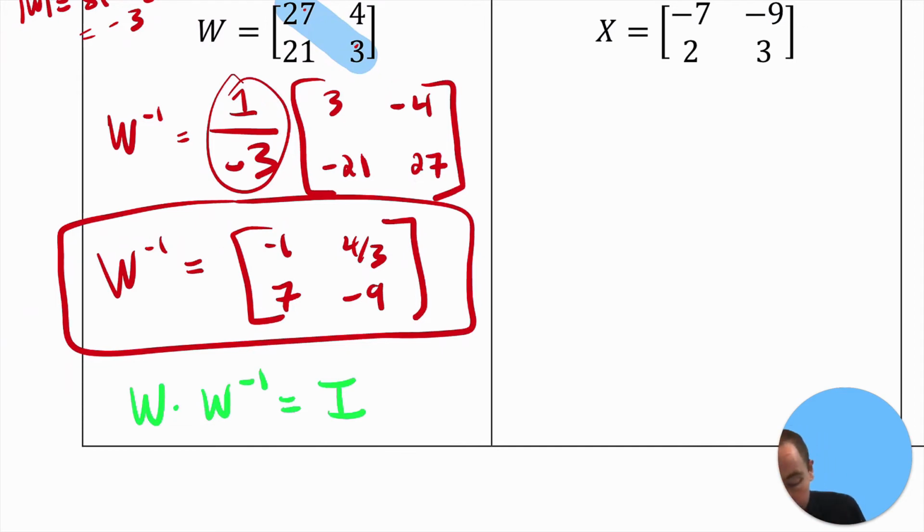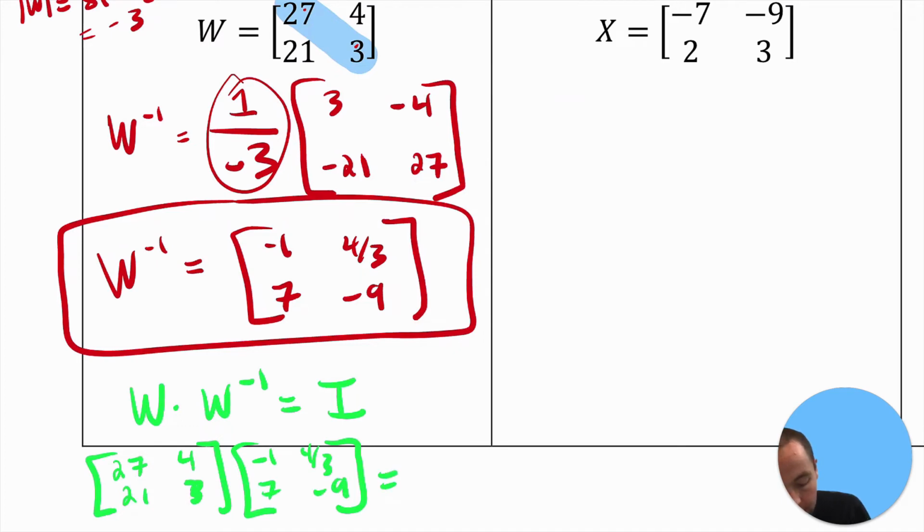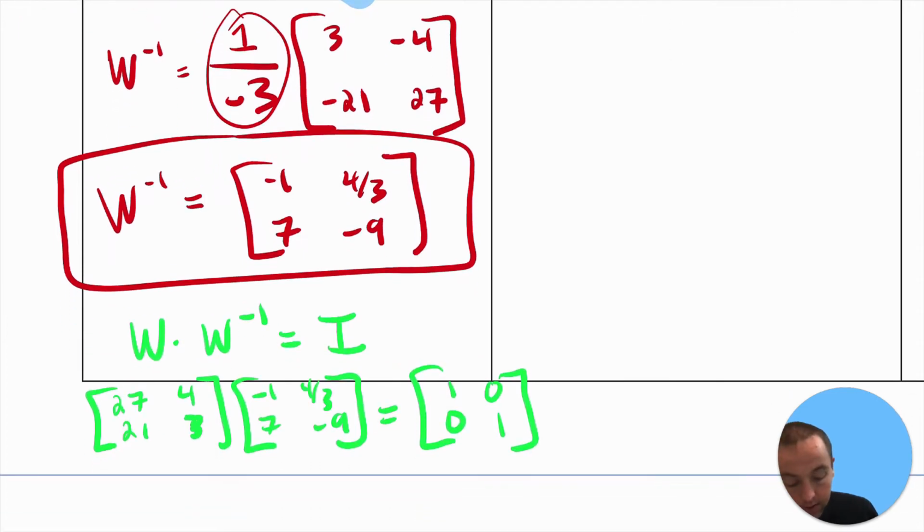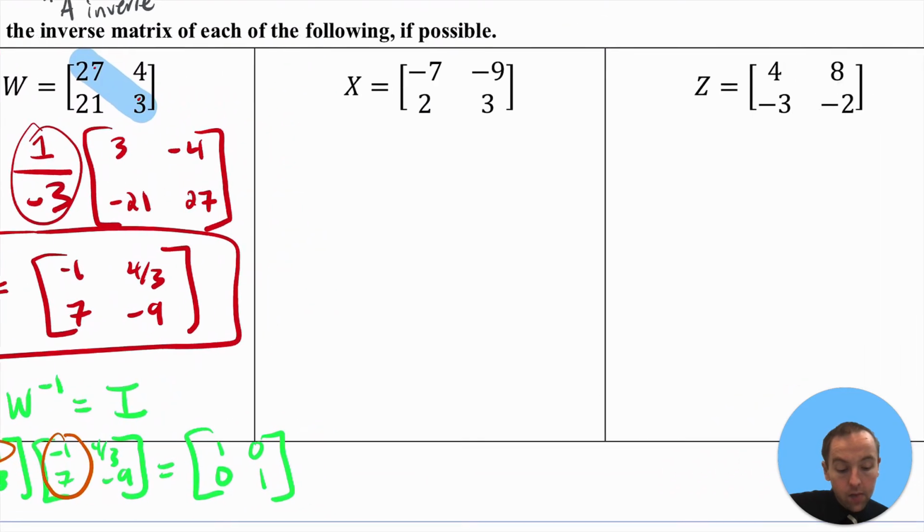Really fleshing this out, if you take 27, 4, 21, 3 and multiply it with the matrix -1, 4/3, 7, -9, it will equal the identity matrix. You can take the time to go through the pairwise multiplication if you would like. It does end up working and is valid in that regard.